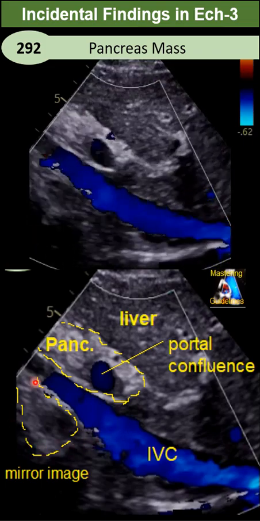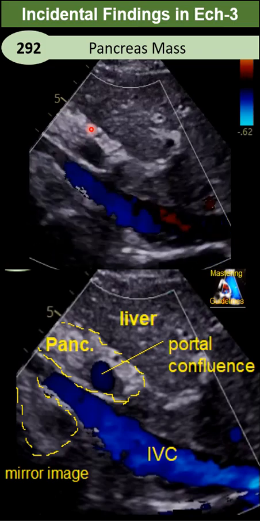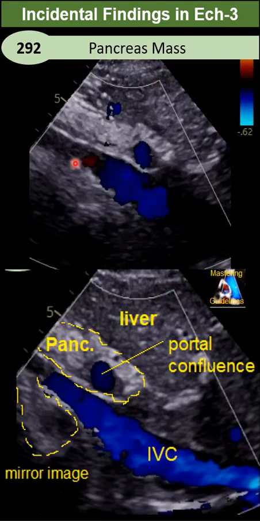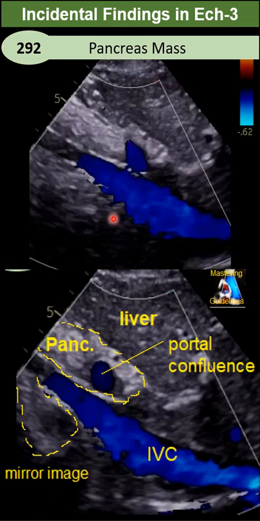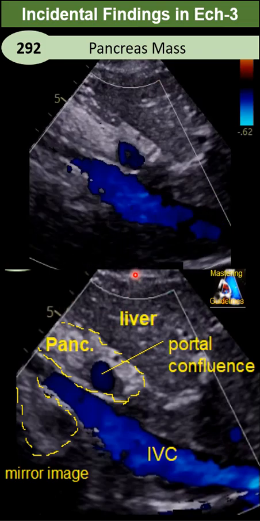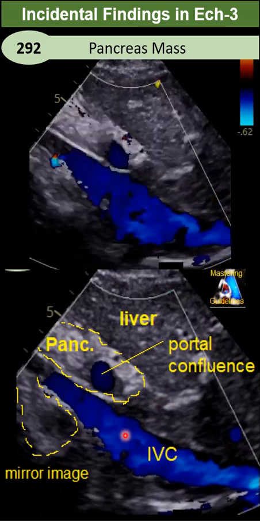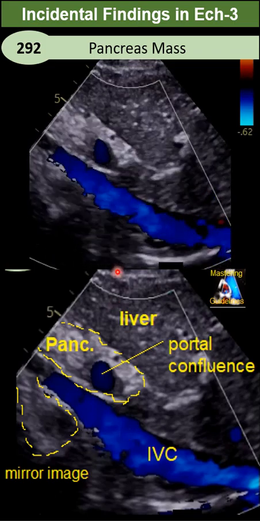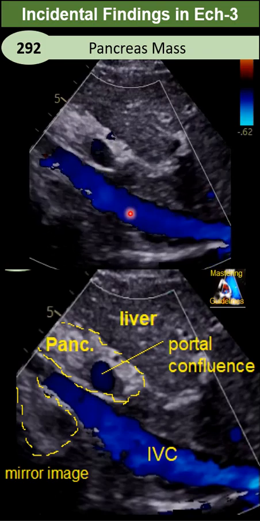So in this case, if you focus your attention, this part is a mirror image of that. If you fold it at this level, you can see it exactly matches up with the top one. So this is a mirror image of this part of the pancreas. There is not any important structure passing through the posterior of the IVC, besides the chyle duct, lymphatic duct, all those small structures that we don't usually see.